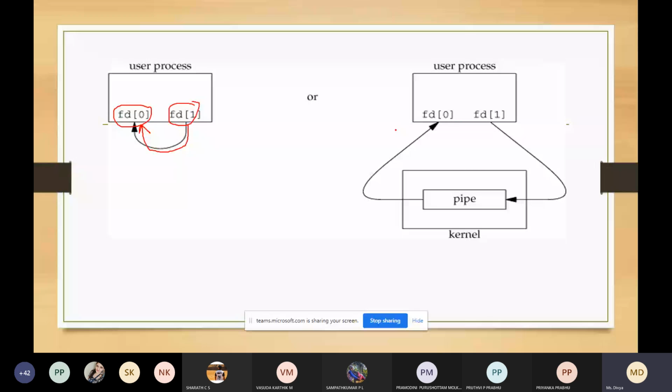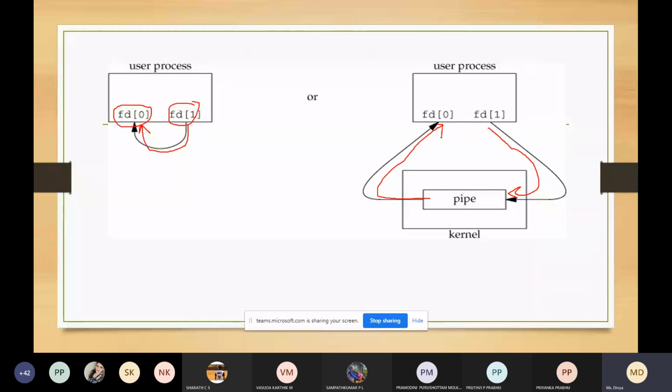This is an elaborated diagram. You can see there is a pipe, and whatever output we give will be in the pipe, and through the pipe it will be given to the file descriptor that reads it.